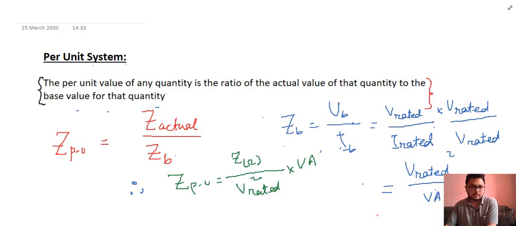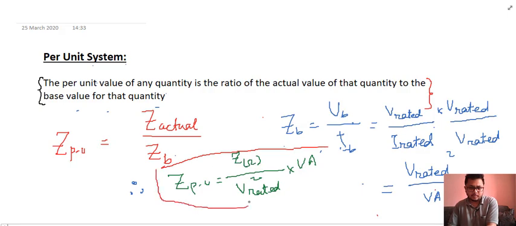So finally I get this formula: Z per unit, that is the impedance, equals Z in ohm into VA by V rated square.